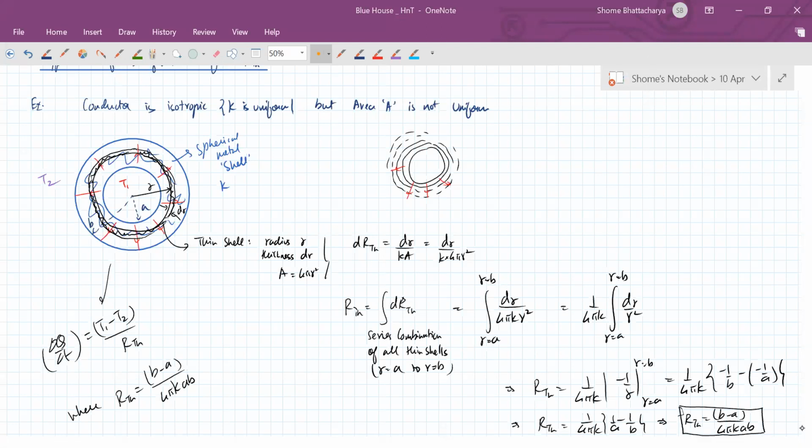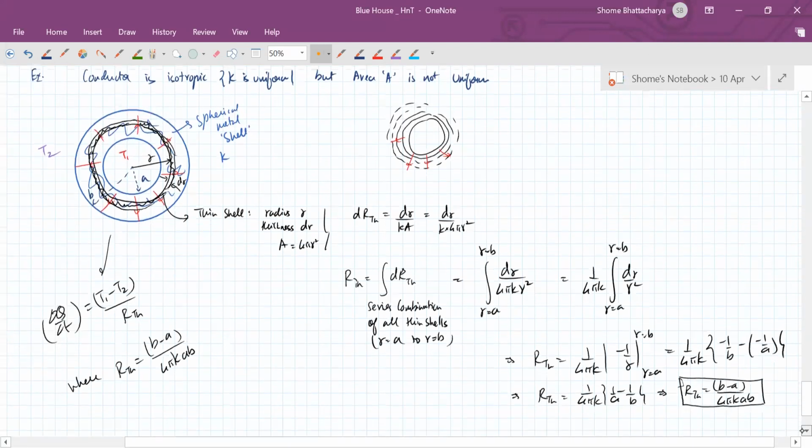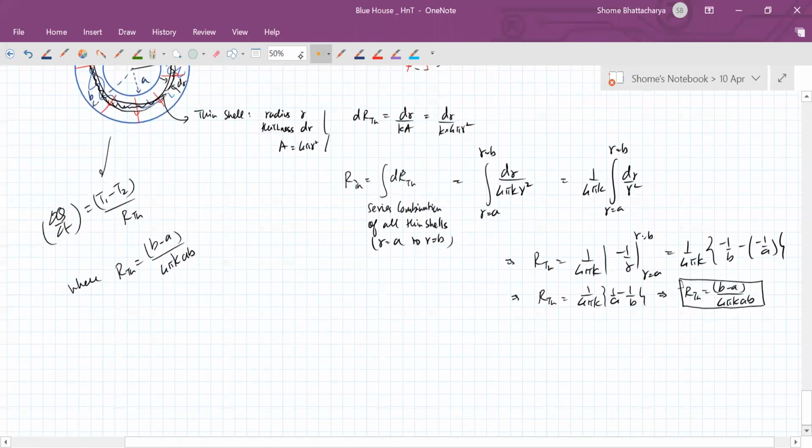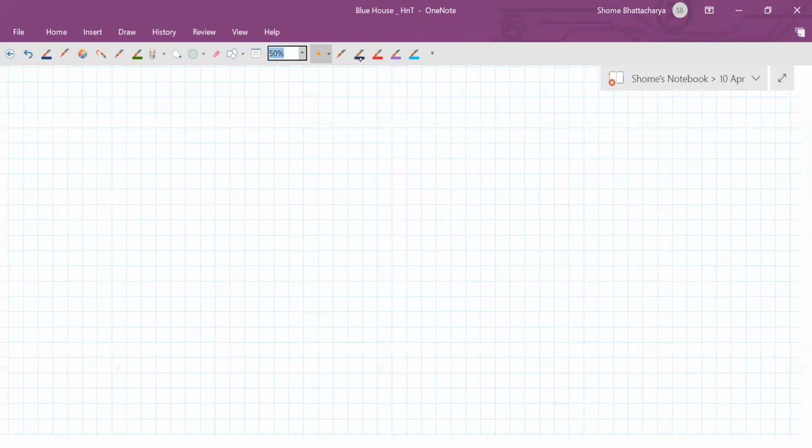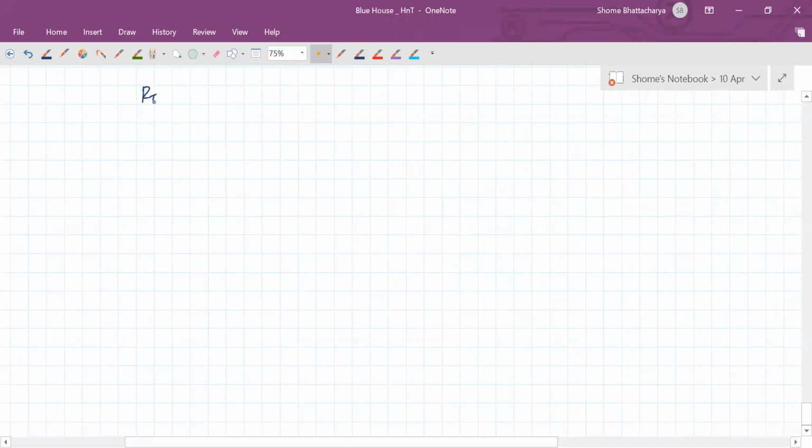Thermal resistance is part of tomorrow's exam. So make sure for tomorrow's exam you are clear with this formula of thermal resistance for an isotropic conductor of uniform cross section like this.